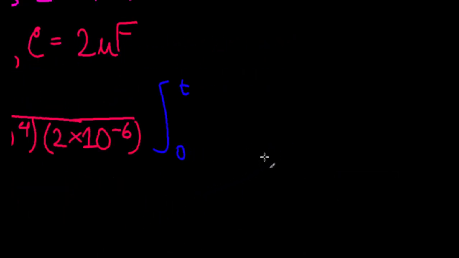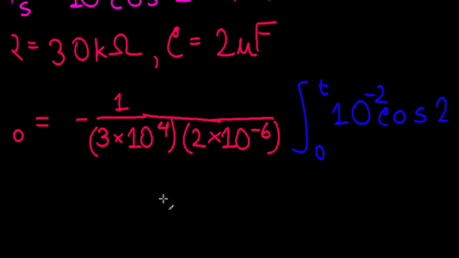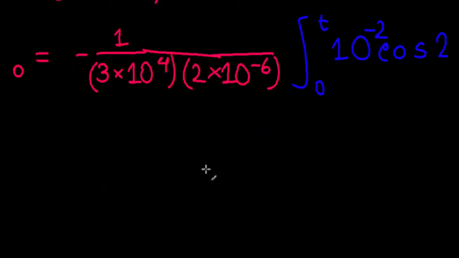Gotta be careful, this is in millivolts, so you're multiplying by 10 to the minus 3. Actually, just make this 10 to the minus 2, that seems more convenient. So dt. All right, yeah, so looks good. Let's continue.